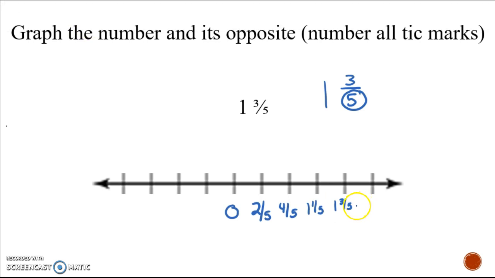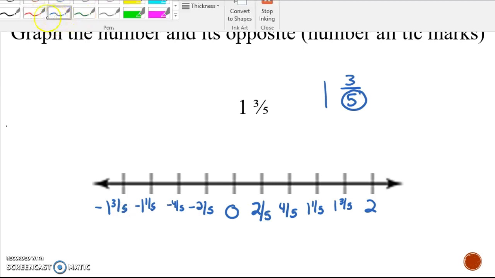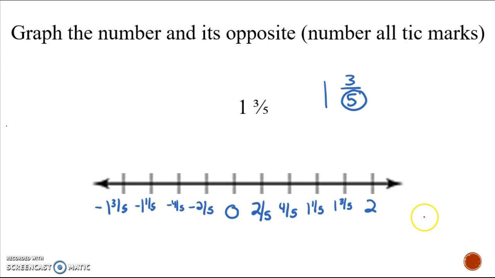So I could have made that, wait, 2, 4, 6, 8, yeah, 10/5 I could have made a 2. And then I was going to do the opposite over here. So -2/5, -4/5, -1 1/5, -1 3/5. And now I can graph it because all of these are now simplified. So I have 1 3/5 here and -1 3/5 over here.